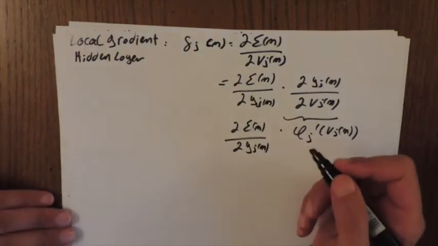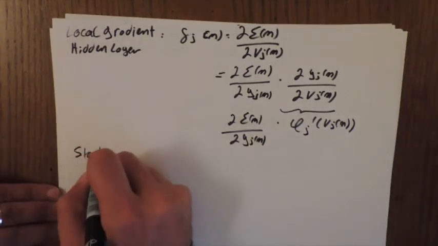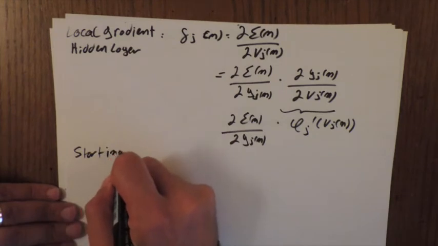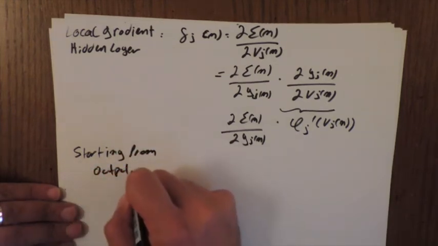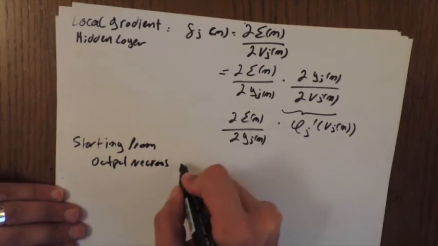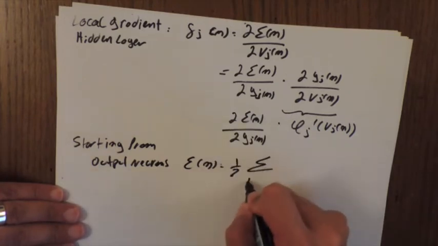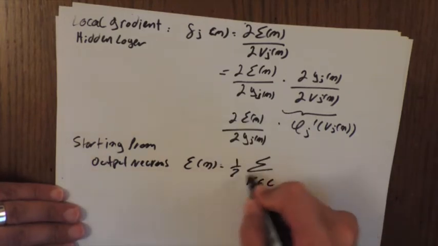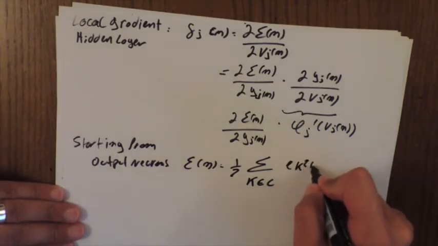So if we start from the output layer, starting from output neurons, we know that E of n is equal to half, the sum over k belonging to C, all the output neurons, of ek squared of n.